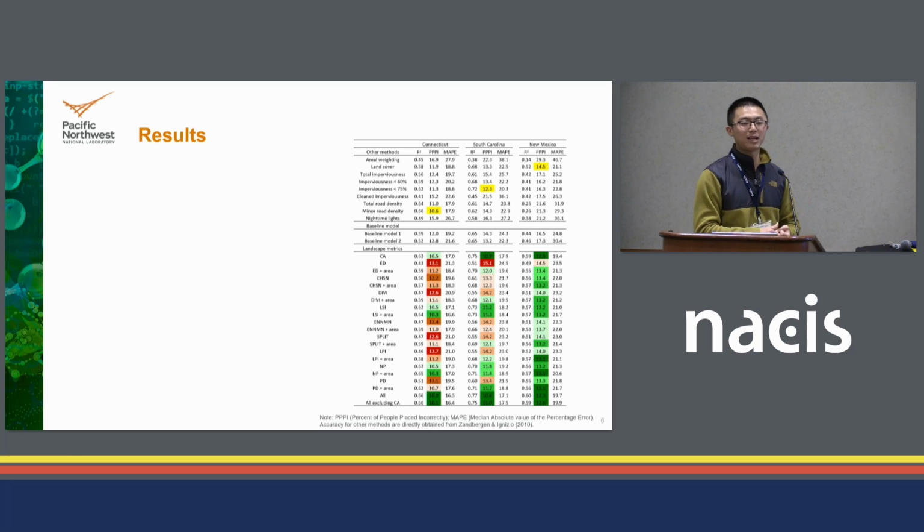So we find that the best performing model is not consistent across study regions. There's no universal best performing other method. It totally depends on the study area. And in the middle, we still have our two baseline models based on the imperviousness value.